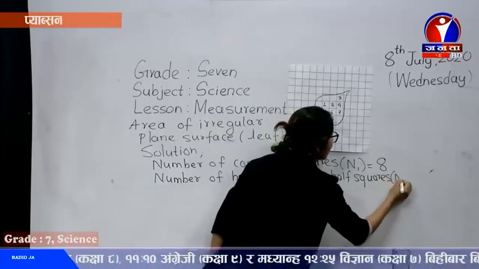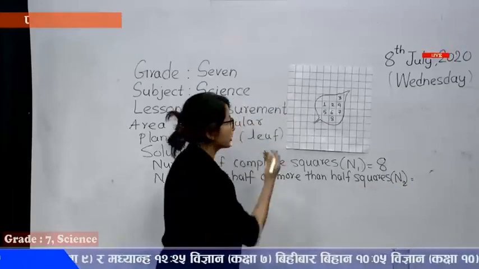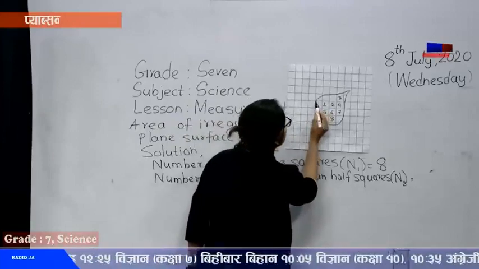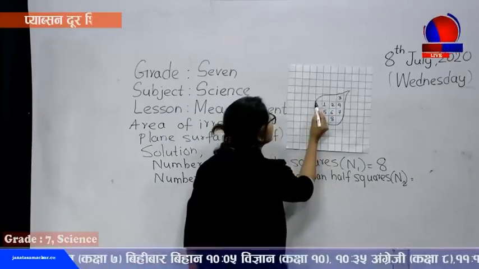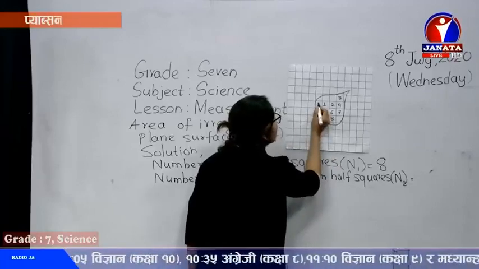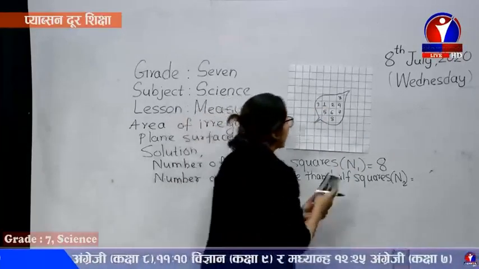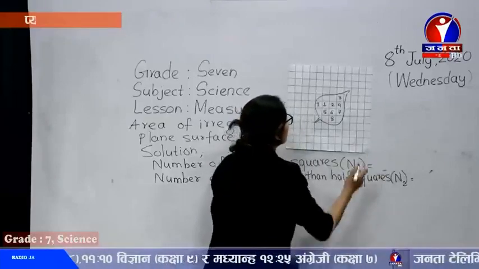Here I'll denote it as N2. So how many half or more than half squares are here? Let's count. Like this also, we can check over here. It's slightly not covered, but I think we can easily count this as a full one. So let's make this one as 9, and I shall write this one also as 9, as it's simply touching the border.